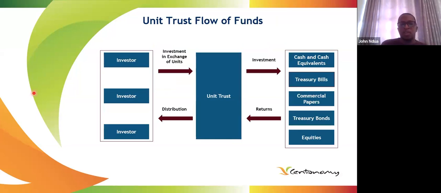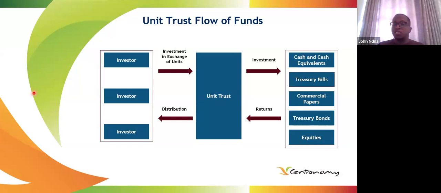Now, how does the money move? You as the investor invest in the unit trust and you get units in the proportion of your money against the total money. So if there's 100 shillings and I put 10 shillings, I have 10% of the units, ideally. If I put 100,000 and the fund has 10 million, I have 1% of the unit trust. So basically, I own 1%. That unit trust invests in various securities, and those securities give out a return, as you have seen.